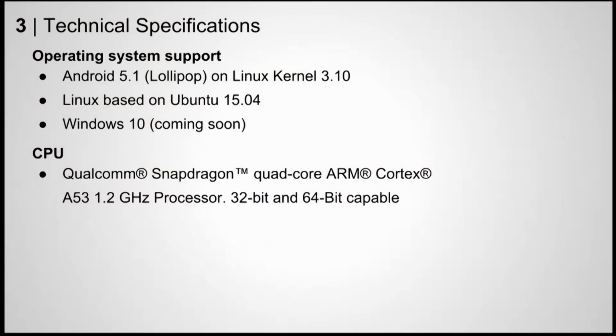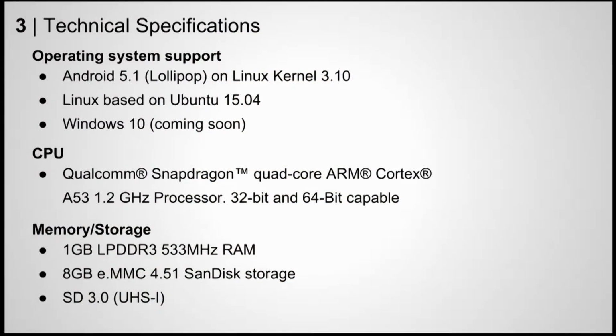All right, and the processor, again, is a Qualcomm Snapdragon processor. It is quad-core, and it's 1.2 gigahertz, which makes it incredibly fast for the use that it's in. It's not as fast as your computer, but for a microcontroller, it's just amazing. It's 32-bit and 64-bit capable, so you shouldn't have any problems with video quality and things like that.